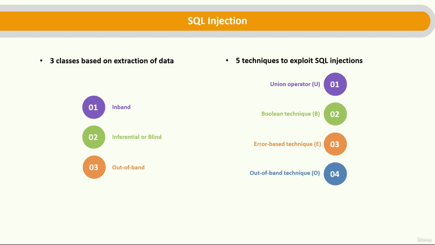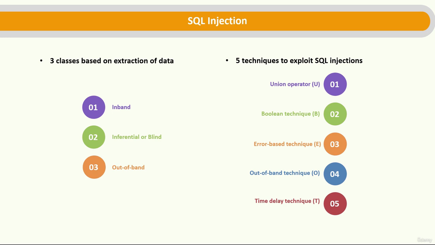The out-of-band technique is used to retrieve data using a different channel. And time delay techniques. Time delay techniques use database commands to delay answers in conditional queries. So it's very useful when an attacker doesn't have some kind of result immediately from the application.